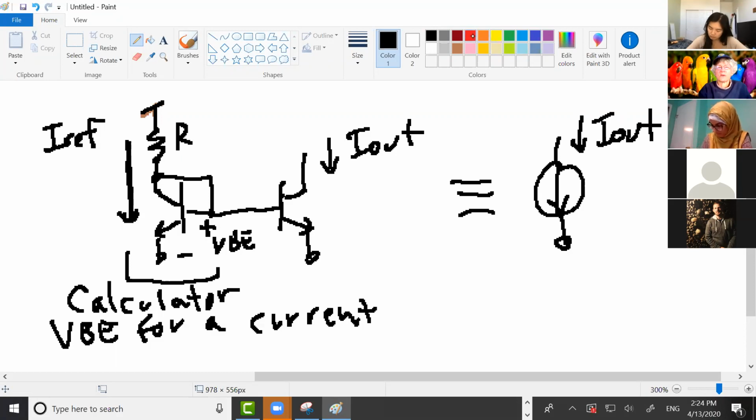So if we're approximating this as VBE on, and you have some target current, how would you find R?